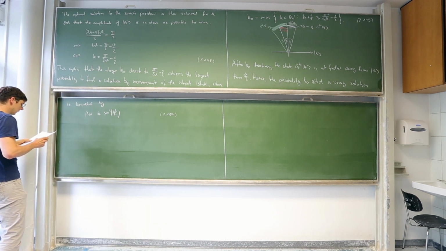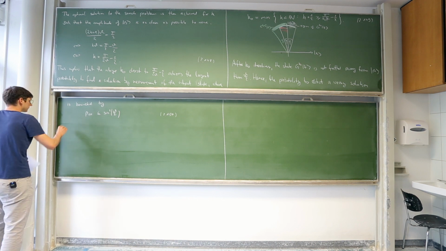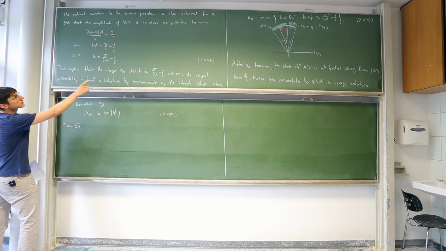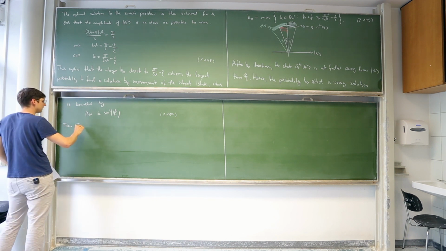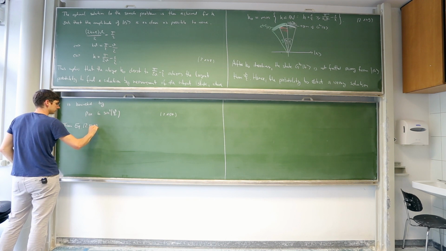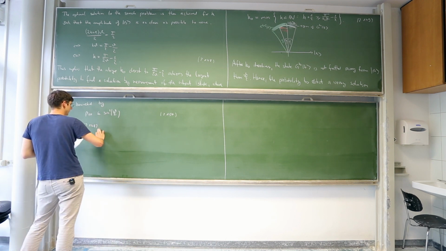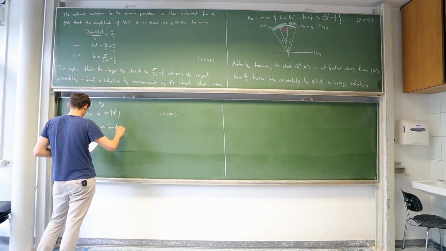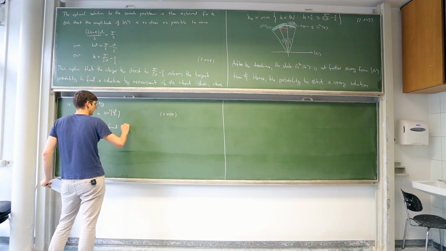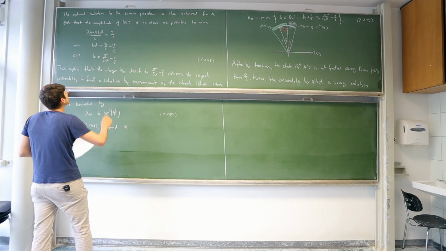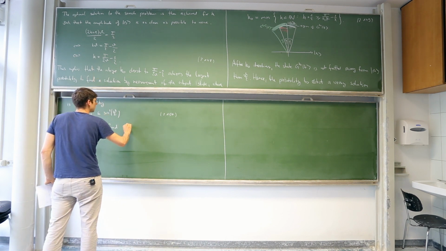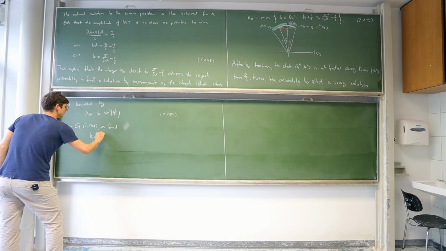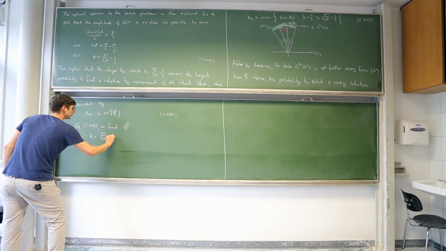So from equation 148, we find that k is equal to pi over 2 theta minus 1/2.